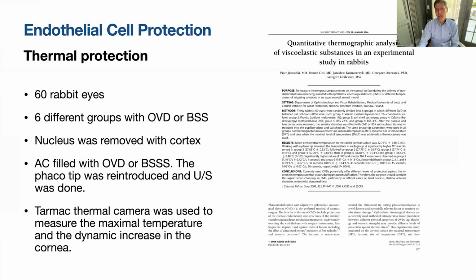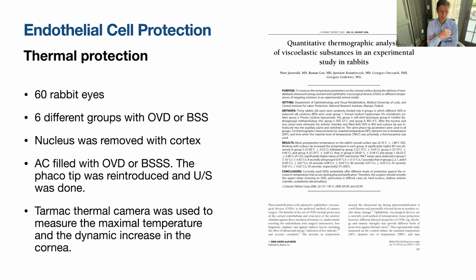The next study evaluates the thermal protection of the OVD. Basically, what they did is also evaluated in rabbits' eyes, evaluated 6 different types of OVD, and compared it to BSS at normal temperature and BSS at lower temperatures.